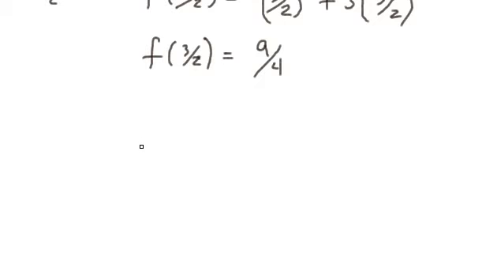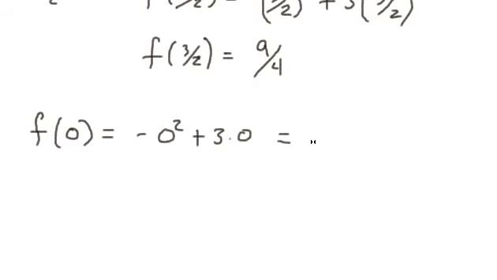Now what we wanted to do is plug in our endpoints. So we want to plug in 0, and that was negative 0 squared plus 3 times 0. Since we can't see the function on the screen, I'll just go ahead and plug it in. Alright, plugging in f of 0, we get 0.